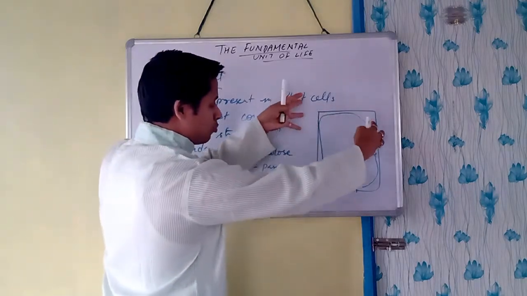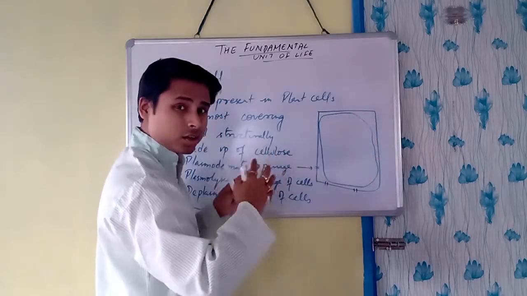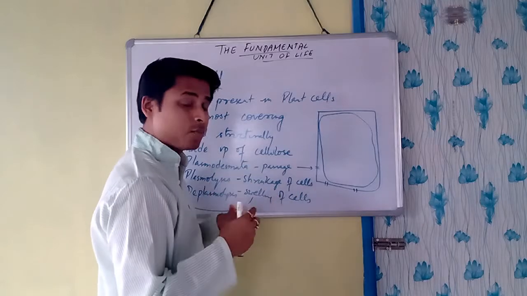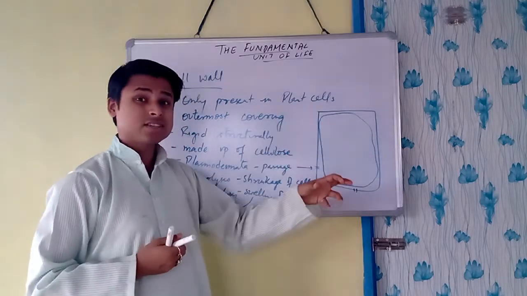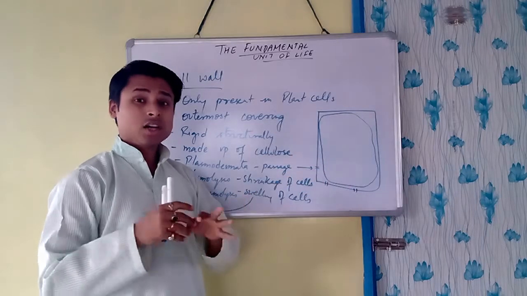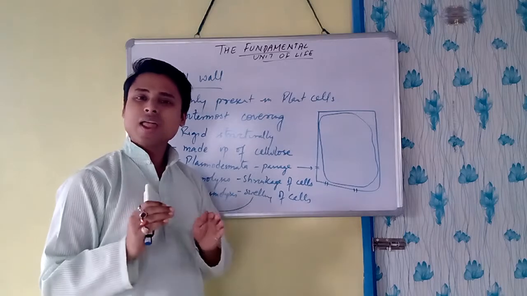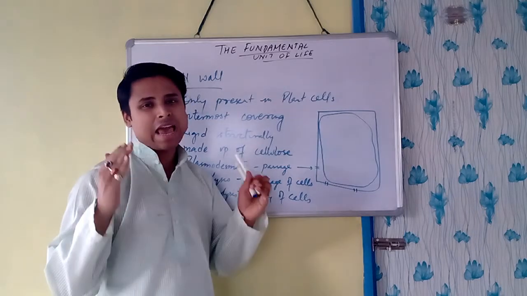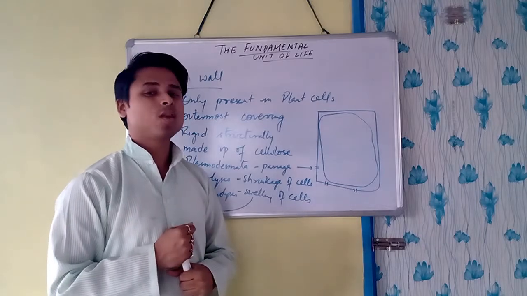The cell swells up and tries to increase more in size, so it exerts more pressure, but the cell wall resists this. Because of that, in animals the shape changes, but in plants the same shape remains because of the cell wall. So this is the cell wall.